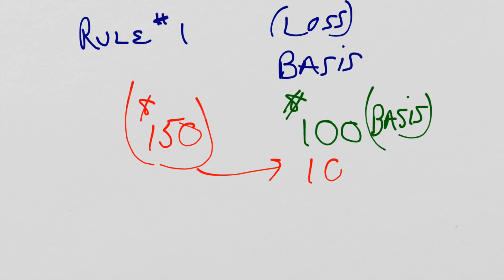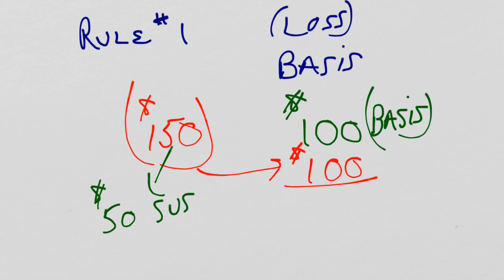So we only have 100 of basis, and rule number 1 said you can only take losses up to your basis. So we take 100 as a loss, and 50 goes into what we call a suspended loss, and it can be used in the future if we get back to having basis. So the $50 loss here is suspended.